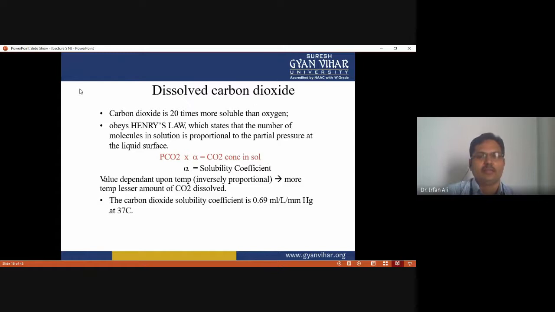The value depends upon the temperature, and temperature inversely affects the solubility of carbon dioxide: the higher the temperature, the less carbon dioxide is dissolved. The carbon dioxide solubility coefficient is about 0.69 ml per liter per mmHg at 37 degrees.